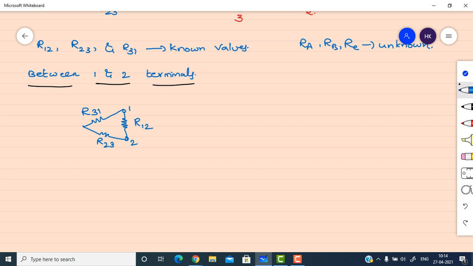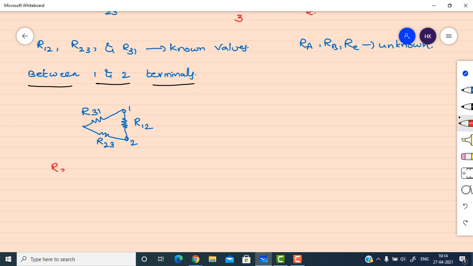If these two are the terminals, are R31 and R23 in series or in parallel? Let us assume the current is flowing from this terminal. The same current is flowing through R23 also. Then are these two series or parallel? Series.